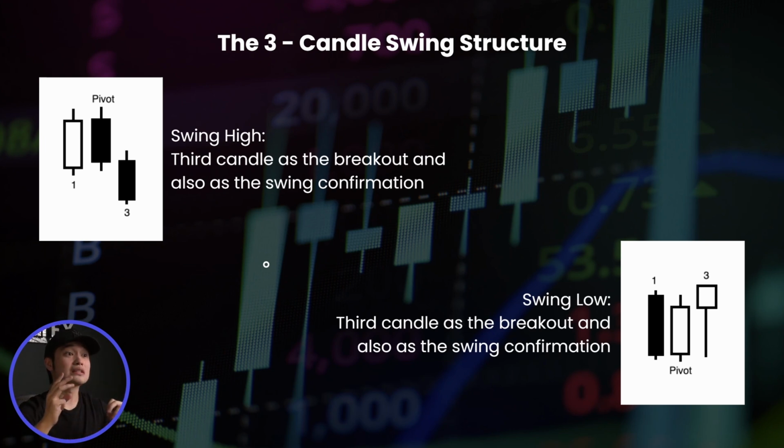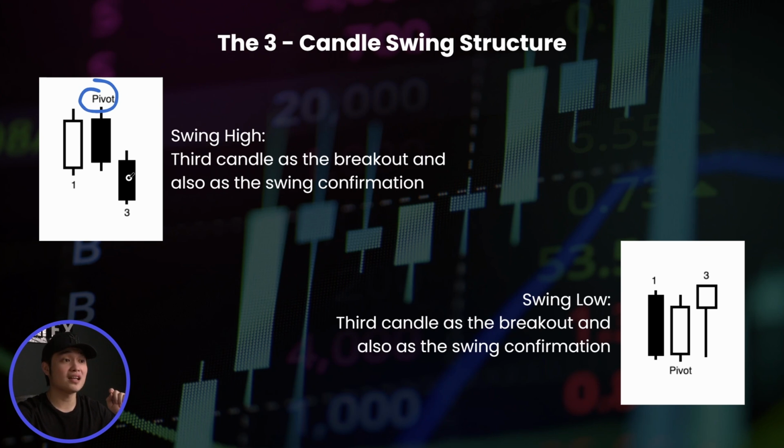The first one is the 3 candle swing structure, the swing high here. This is the pivot. The pivot candle should be the highest point in this 3 candle formation. The first one is our first candle. The second one, the middle one, where the highest point is our swing high point or pivot point, is number 2.